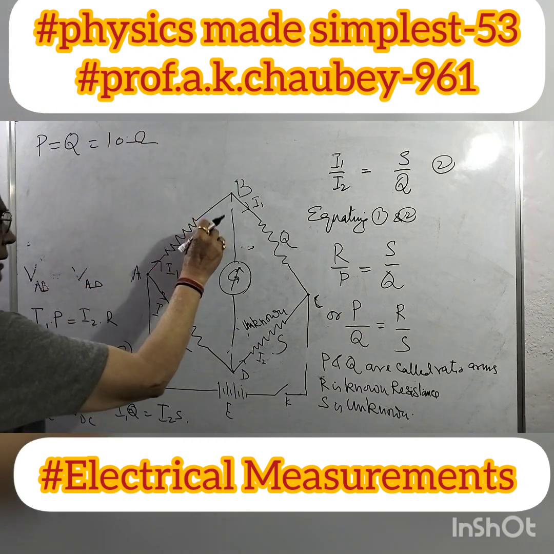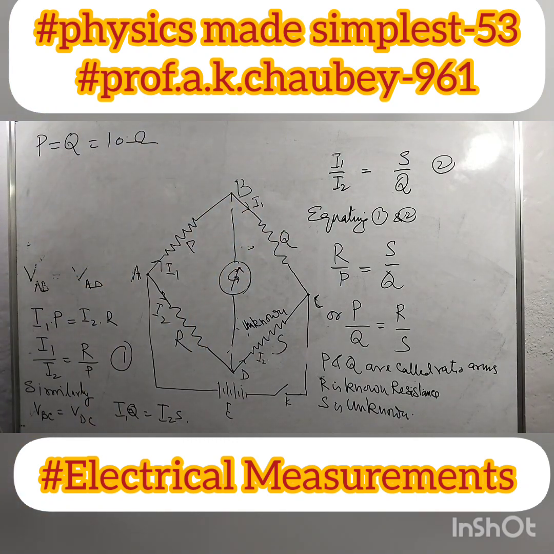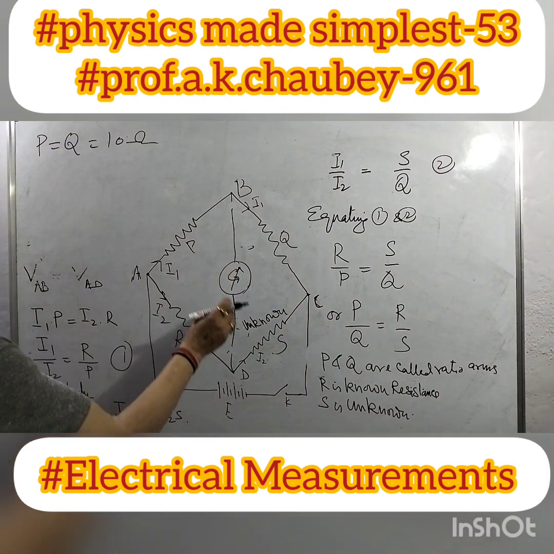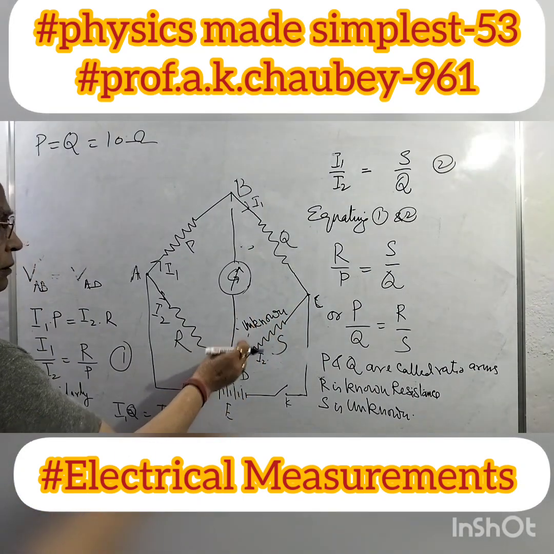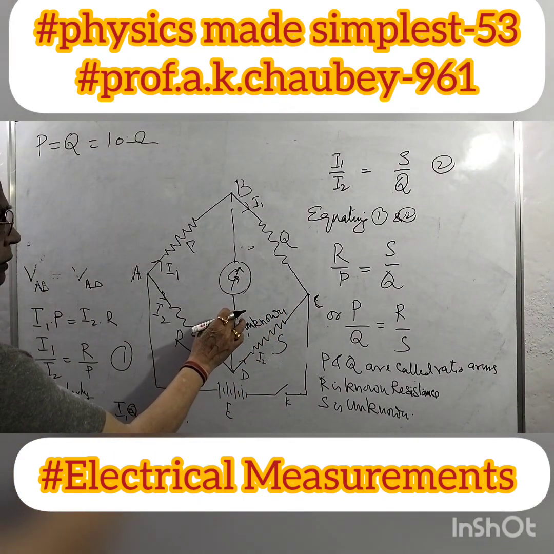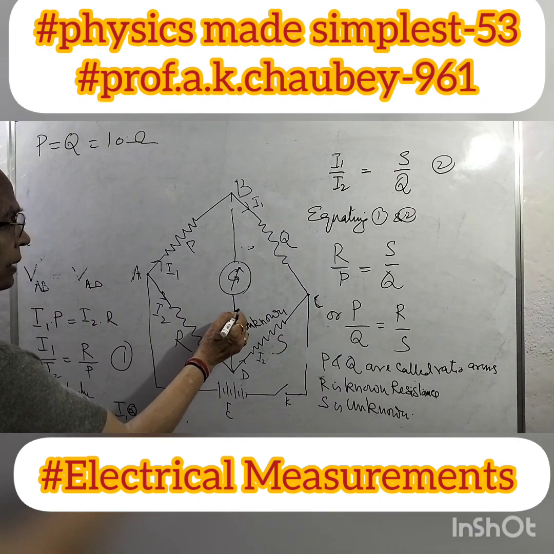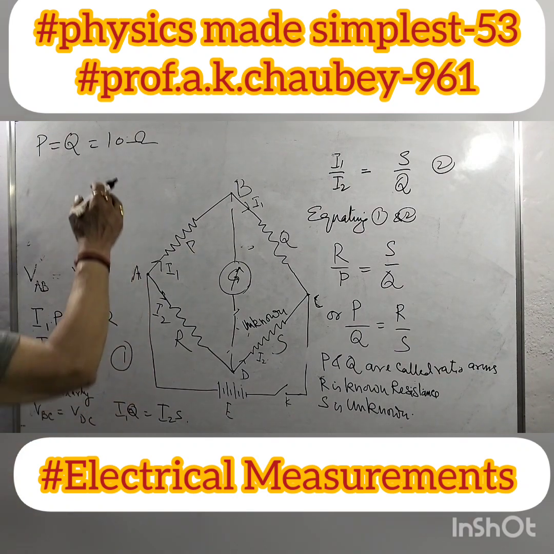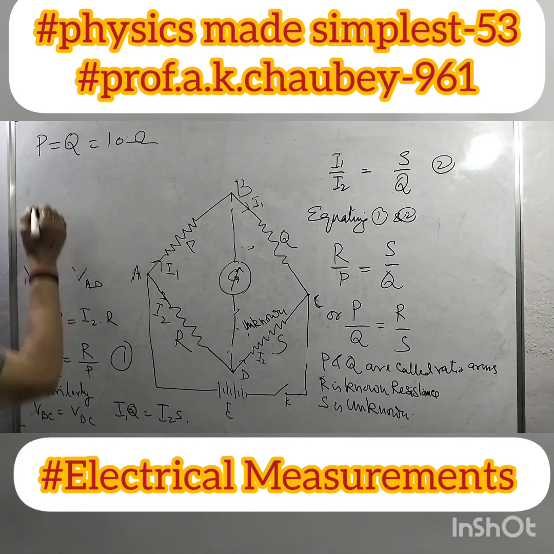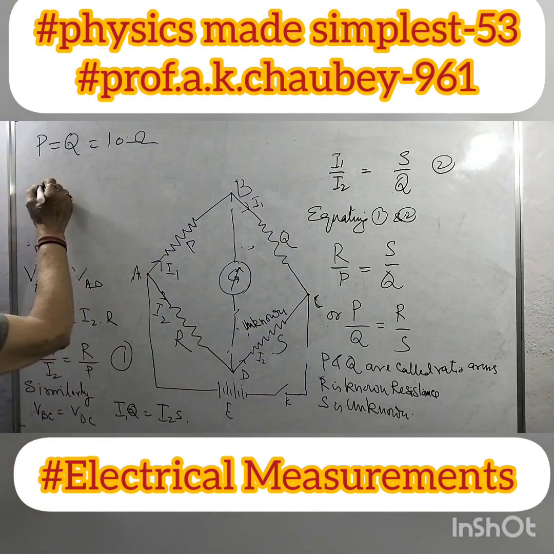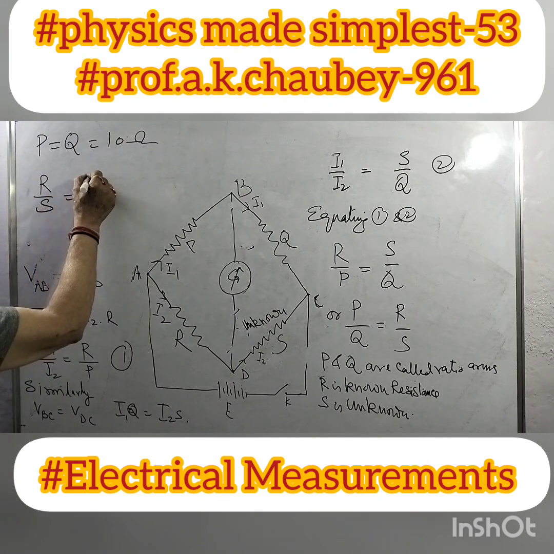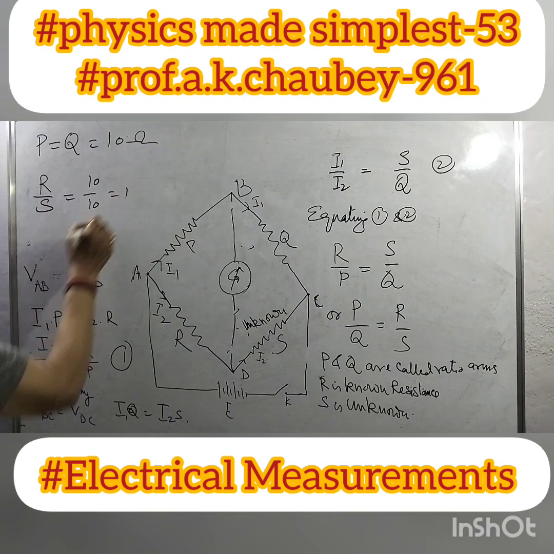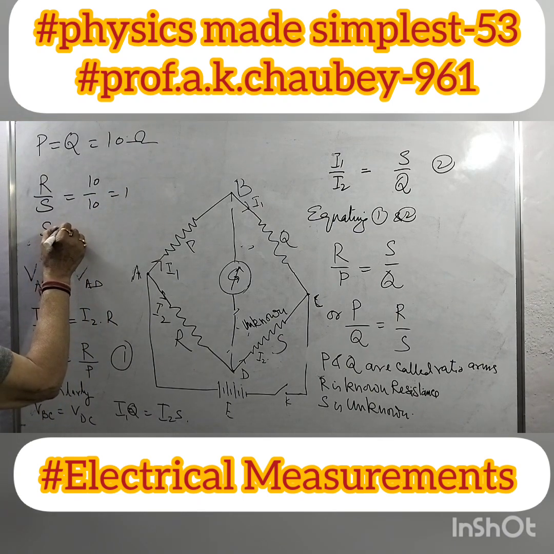Then we see what value R should be so that, keeping S constant, no current flows through this. We have some key here also. When we press the key, we see galvanometer current 0, no deflection. So P over Q is R over S, and R over S is equal to 10 upon 10, which means 1. So S will be equal to R.